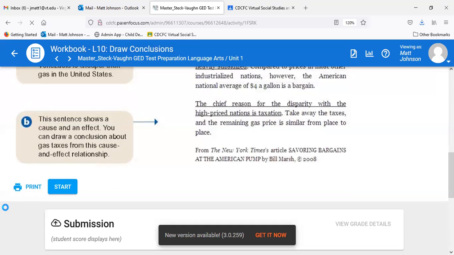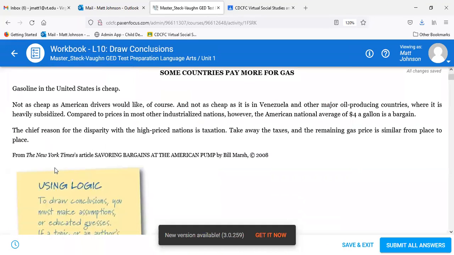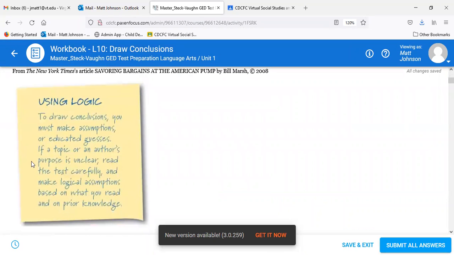All right, so we'll start here on the workbook. And we have here, to draw conclusions, you must make assumptions or educated guesses. If a topic or an author's purpose is unclear, read the text carefully and make logical assumptions based on what you read and on prior knowledge. So, it might not always be cut and dry, right? This is about your educated guess.